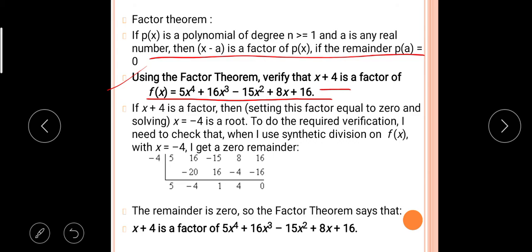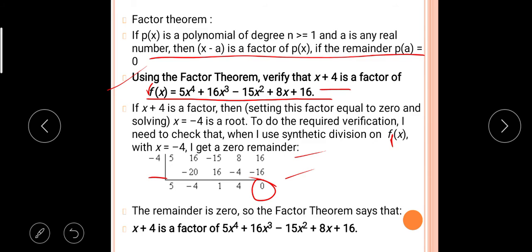To verify, I used the synthetic division method on the given p of x, with minus 4 and the coefficients 5, 16, minus 15, 8 and 60, and after solving you will get the remainder 0.